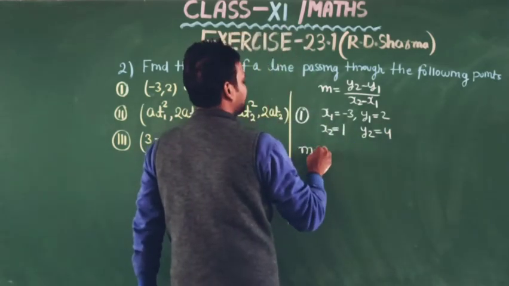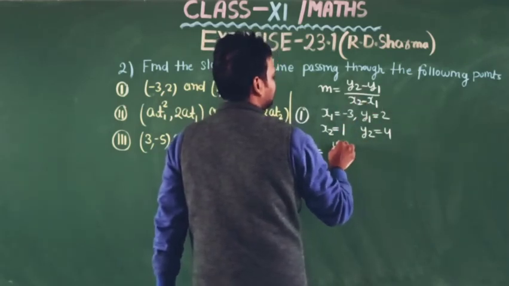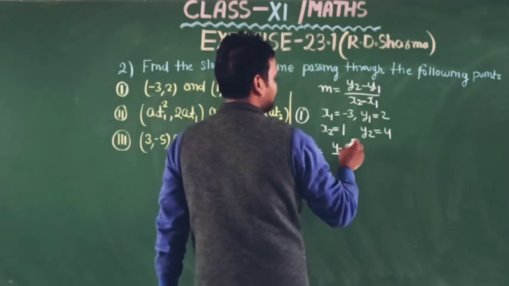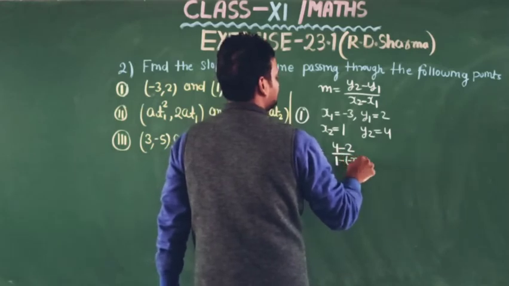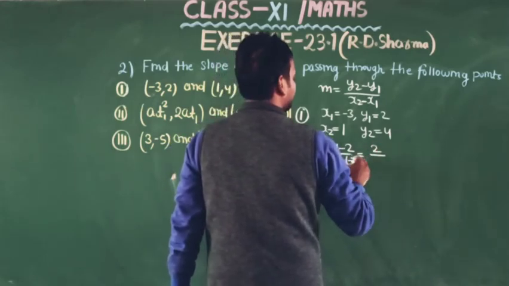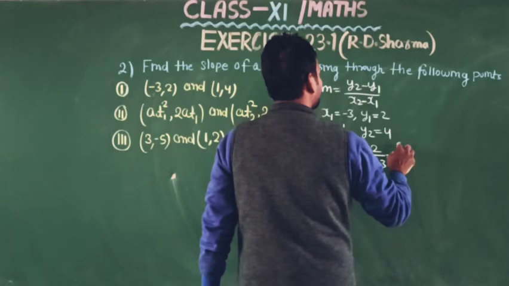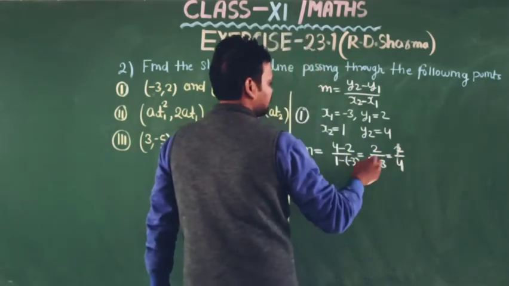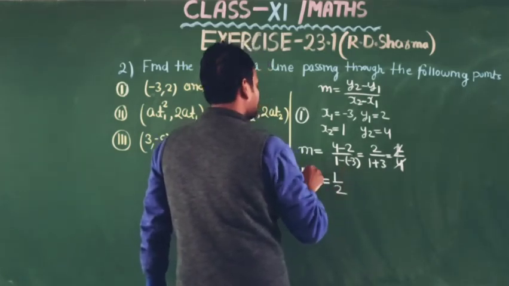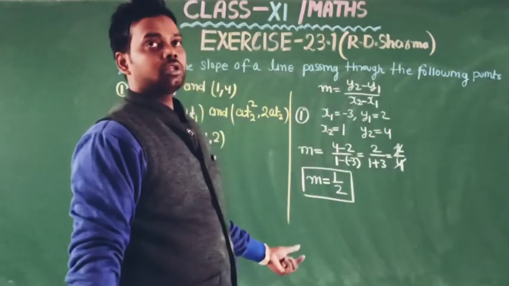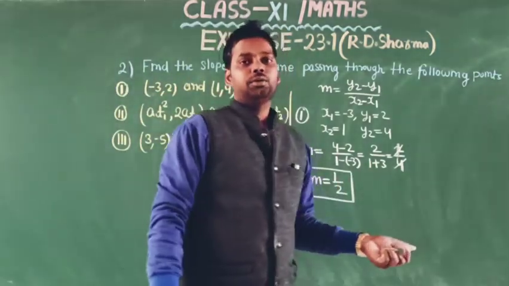Therefore the slope of the line m equal to (y2 minus y1), 4 minus 2, upon (x2 minus x1), 1 plus 3. So 4 minus 2 is 2 and 1 plus 3 is 4, equal to 2 by 4. Now simplify, so we get 1 by 2. Therefore the slope of the line passing through the points (-3, 2) and (1, 4) is 1 by 2.